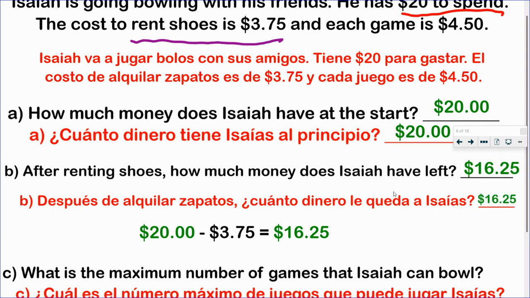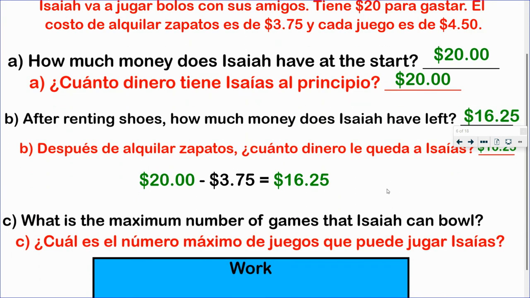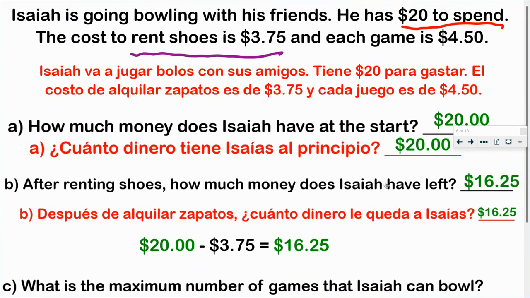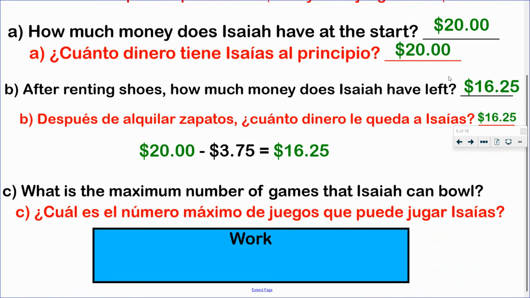All right, well, what happens after that? Well, they want to know what's the maximum. So what is the maximum games that he can bowl? And I know each game costs $4.50. So I'm going to need that amount. So there are a couple ways you can deal with this.